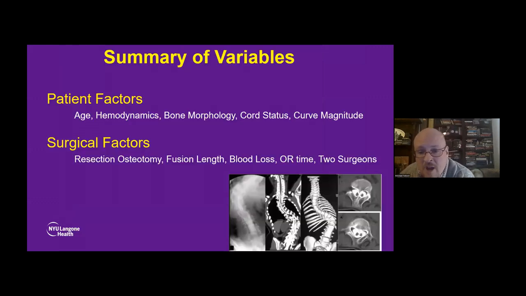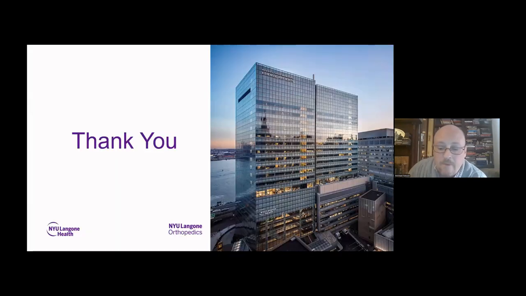So putting this together, the patient factors, the surgical factors, in order to drive more of a not classification, but at least a working decision-making tree. I think the experts need to break down the factors involved here for that decision-making tree. So thank you very much.